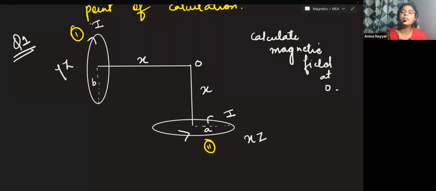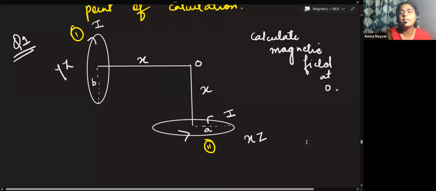So if you curl your fingers like this along the sense of current, current is moving like this. This is the flow of current, no? So this is leading where? Upwards. Upwards is which unit vector? That is j cap. So that becomes positive j cap. So answer for the second one, the direction, becomes positive j cap.